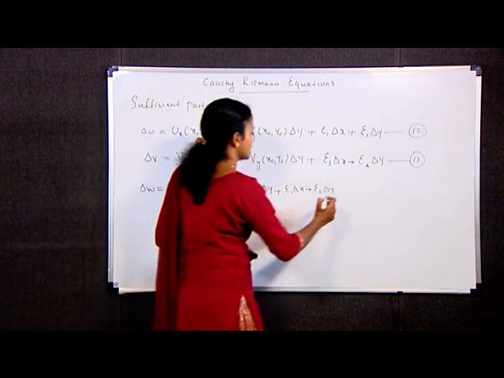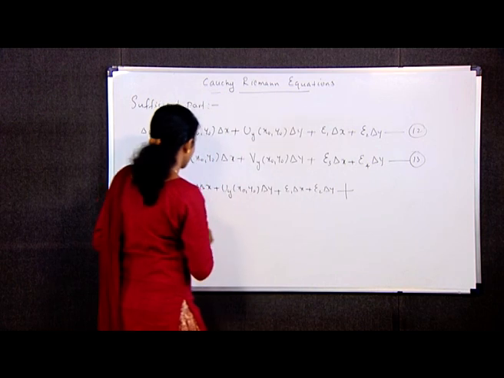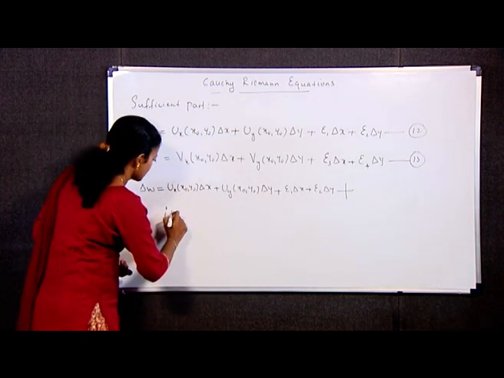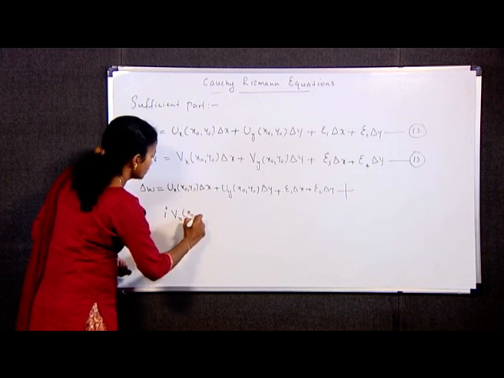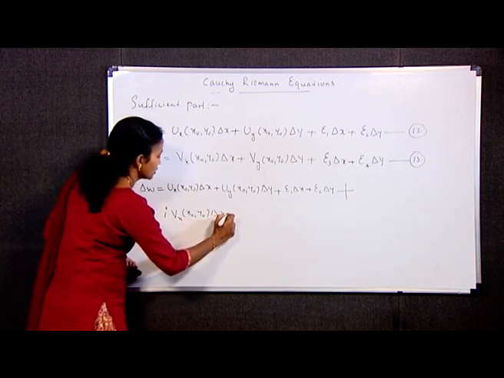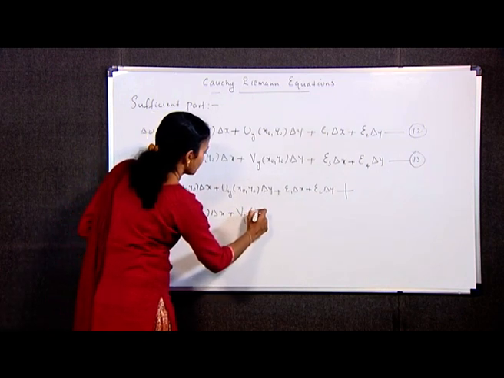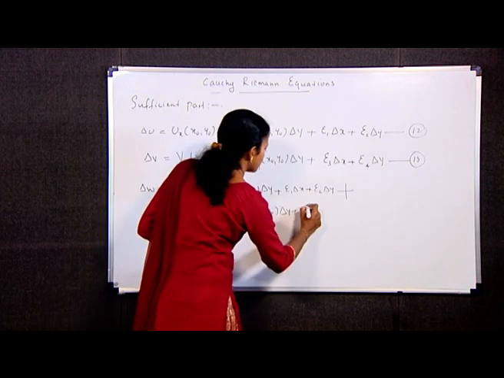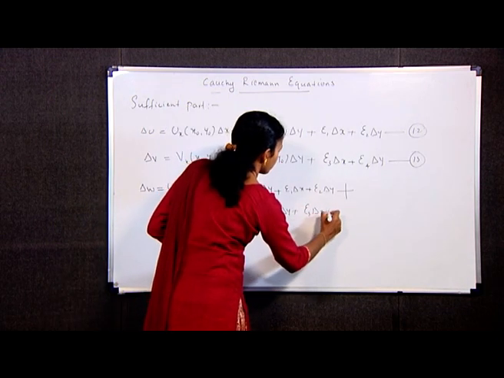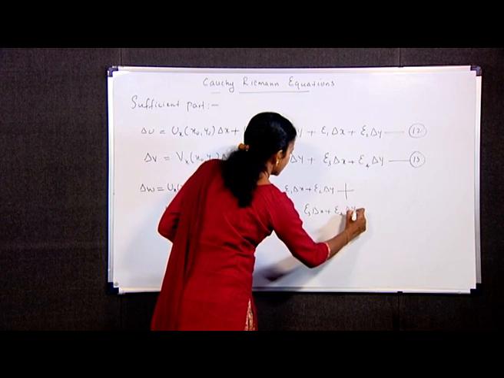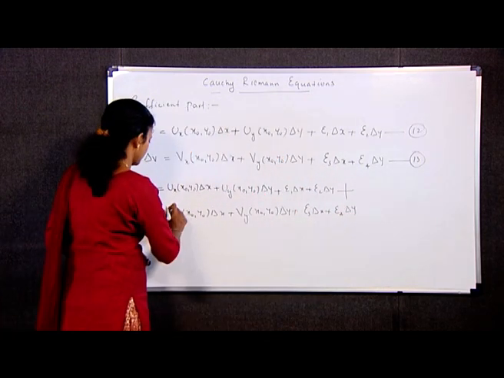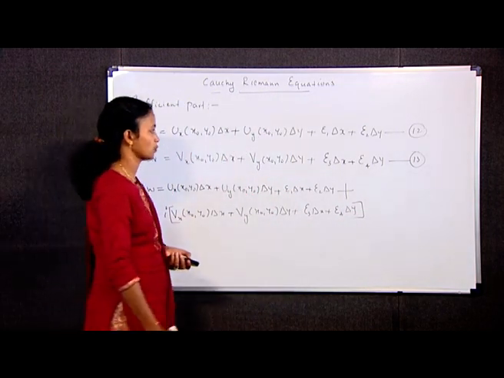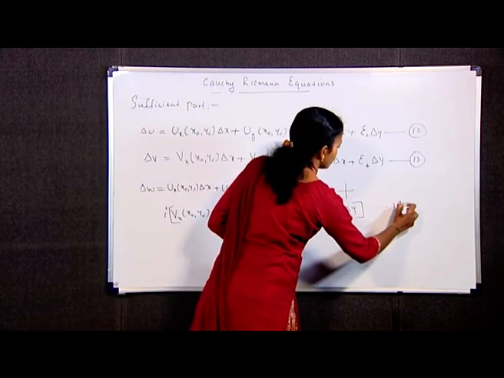Plus i into vx(x0, y0) into delta x plus vy(x0, y0) into delta y plus epsilon 3 delta x plus epsilon 4 delta y. This i is common for this one. Mark it as equation number 14.